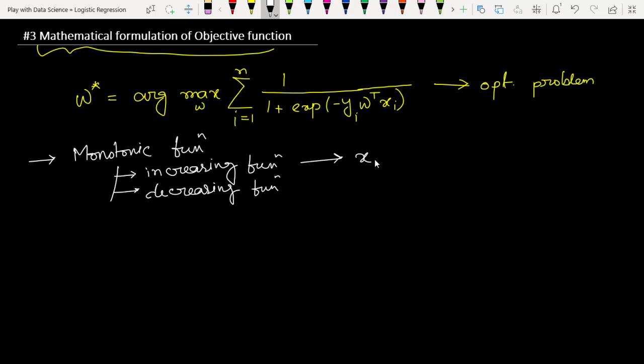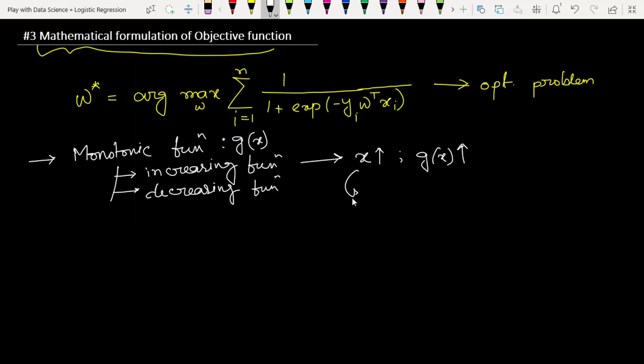If we increase the value of the argument, that is x, then its functional value also increases. Let's assume a monotonic function is g(x). If we increase its argument x, or we call it the independent variable, then its functional value increases.